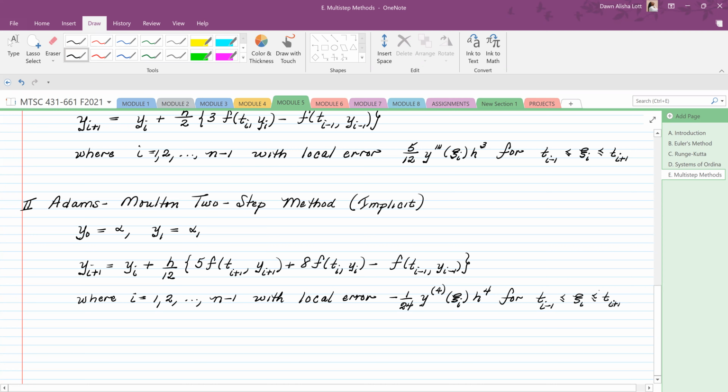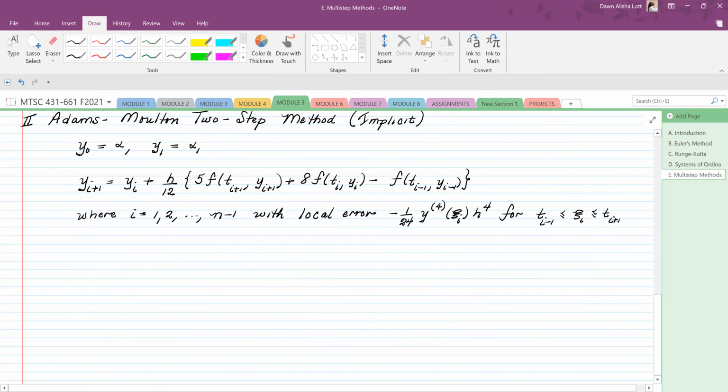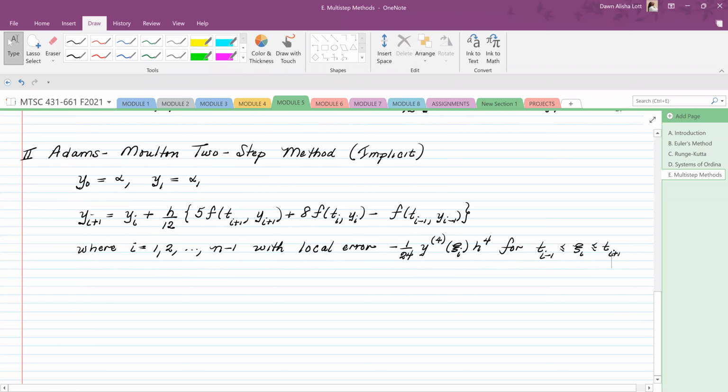Okay, so that's two of them. There's actually a 3-step explicit, a 3-step implicit, a 4-step explicit, a 4-step implicit, etc. I'm going to skip the 3-step because I can give you all of these, but they're in the book.